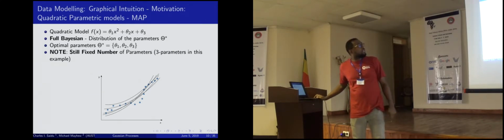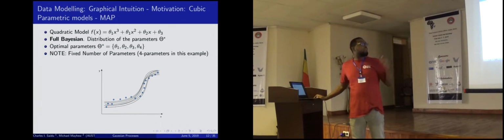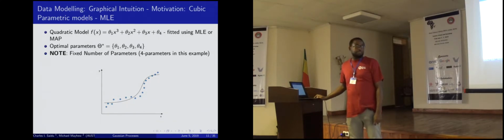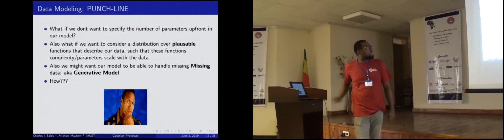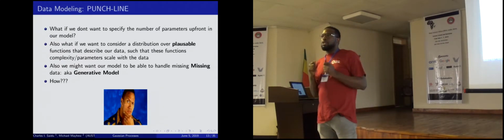And we can do the same thing with a cubic approach. And basically what we mean is we are determining the number of parameters before we even train the model.